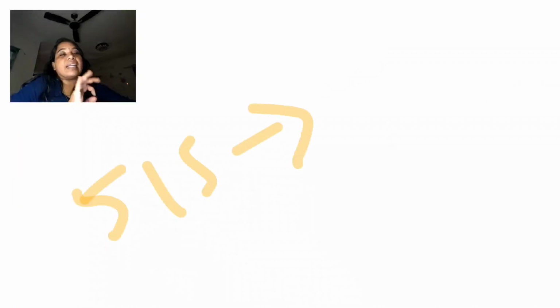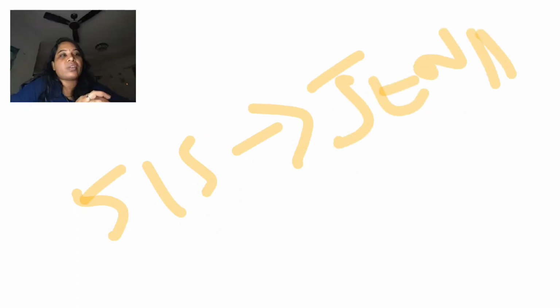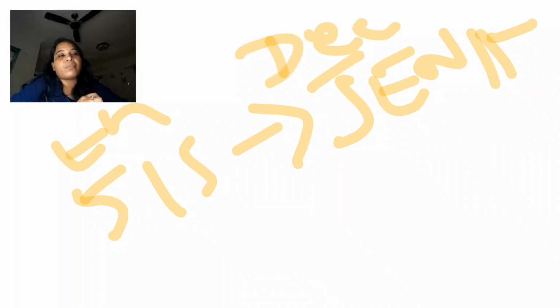If I send 549 or 515, no one can read, right? Yes, but my boss should know this answer. So 515 means he will understand that the decrypt value is Jennifer. This is my encrypt value, this is my decrypt value.